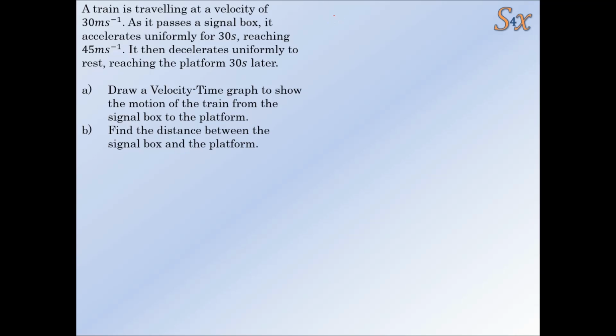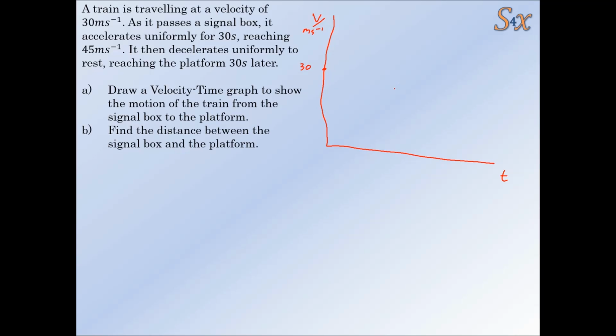So we're drawing a velocity time graph. That is not a very straight line, but it'll have to do. So the train is traveling at a velocity of 30 meters per second, so we know it starts at 30 meters per second. We'll put that here. So this is velocity in meters per second.